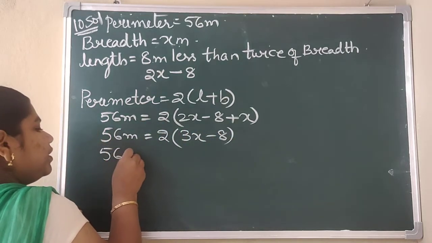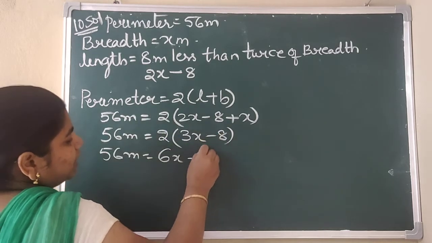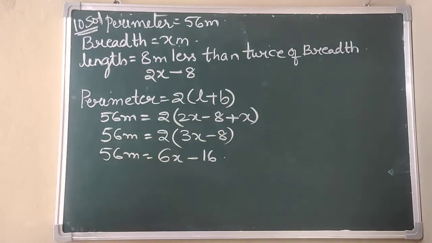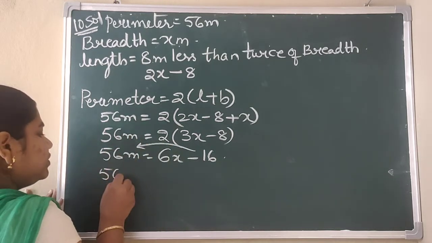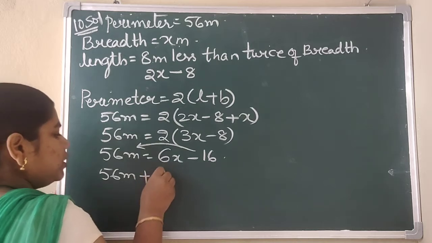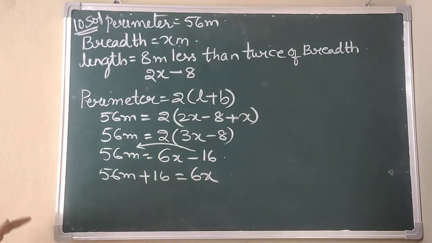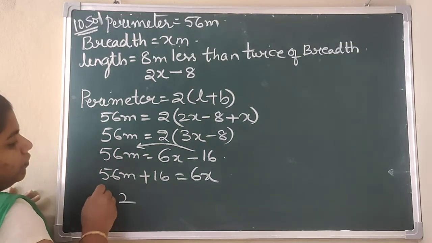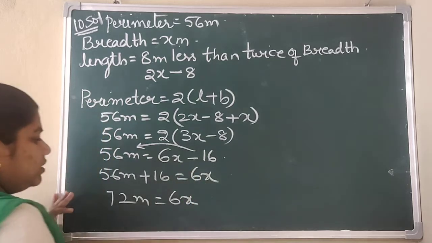So 56 meters is equal to 2 3s are 6x minus 2 8s are 16. Okay, so now transpose this minus 16 to the other side. So 56 meters plus 16 will be equal to 6x. 6 plus 6 will be 12, 5, 6, 7, that will be 72 meters is equal to 6x.